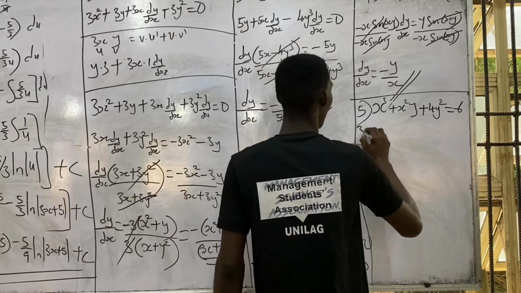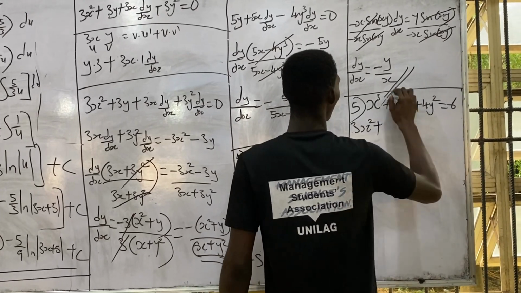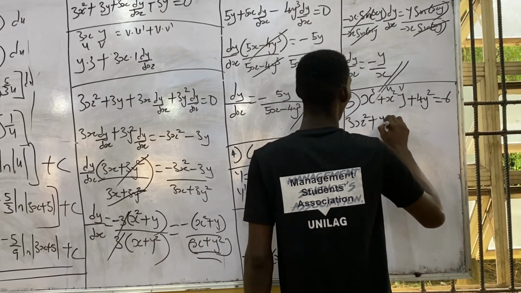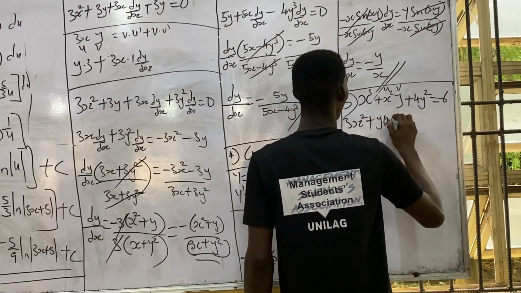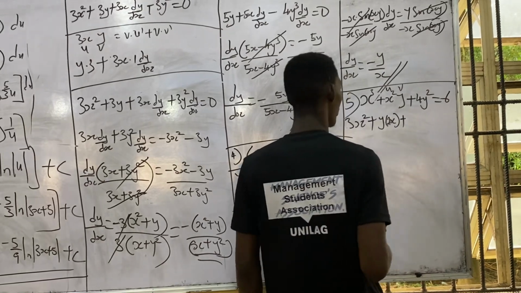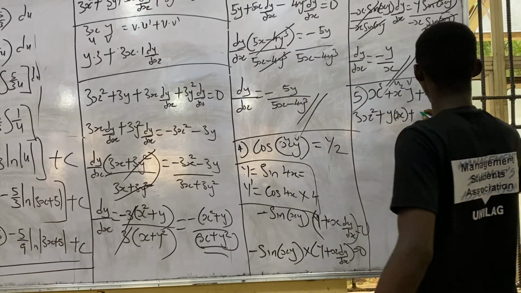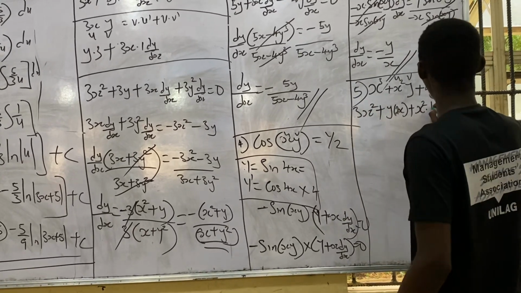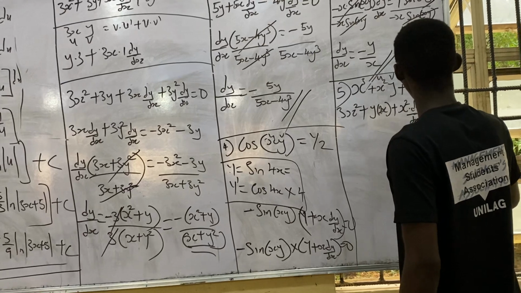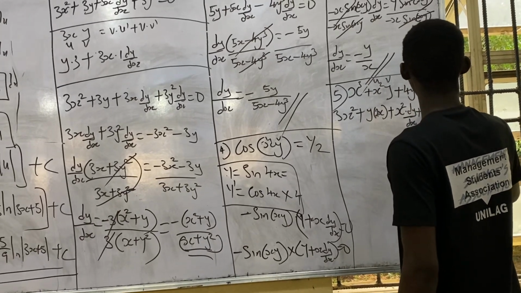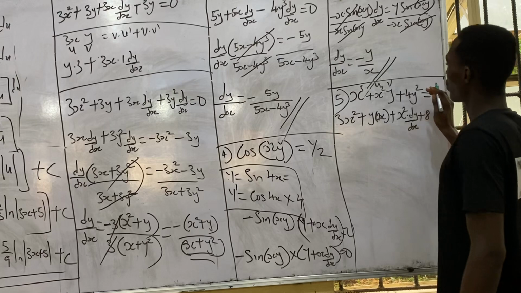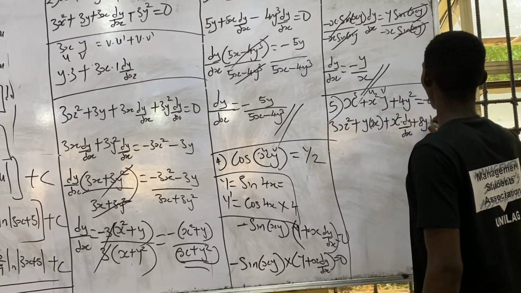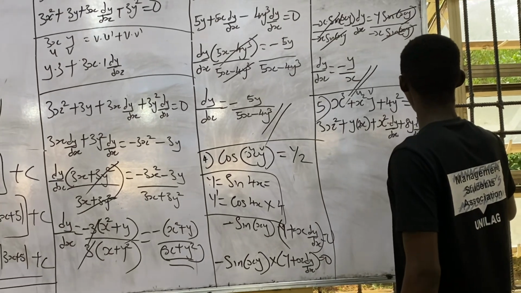So this will give us 3x squared plus, this is our u, this is v. v du, that's y in brackets 2x, plus u, which is x squared, dv, that's dy dx, plus 8, that's 4y squared, the derivative of it will give us 8y dy dx is equals to 0.